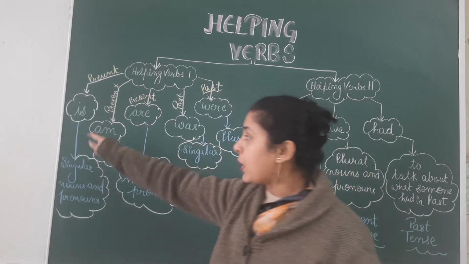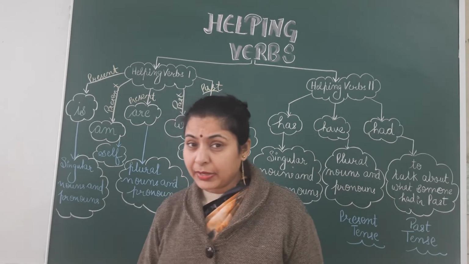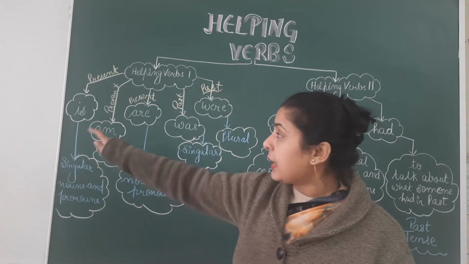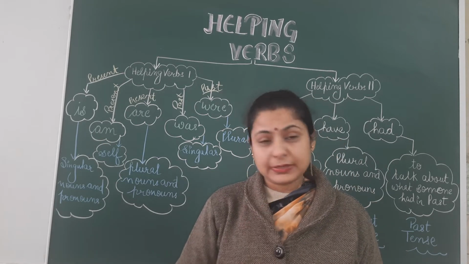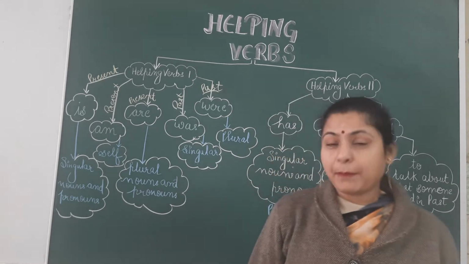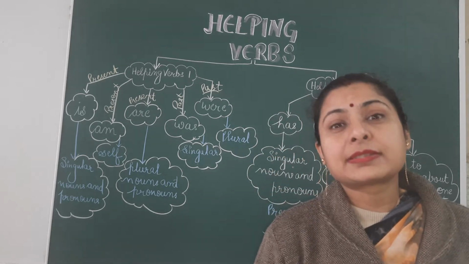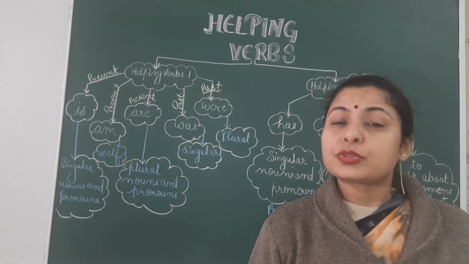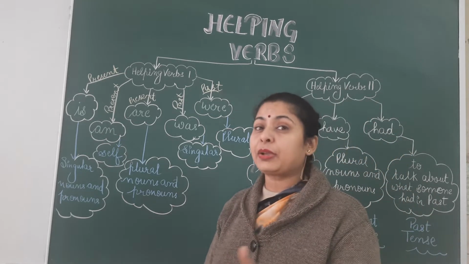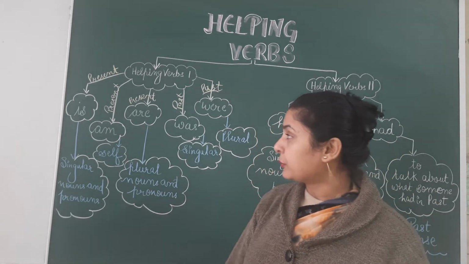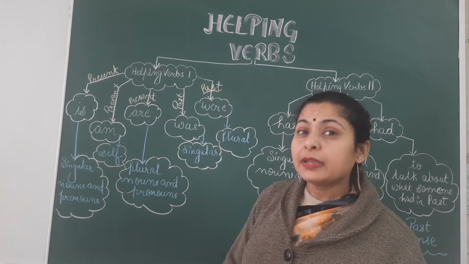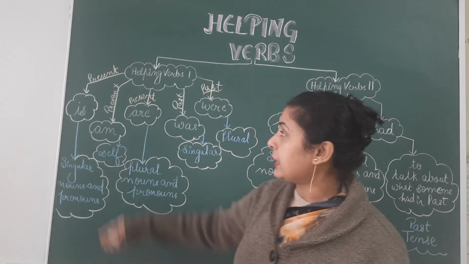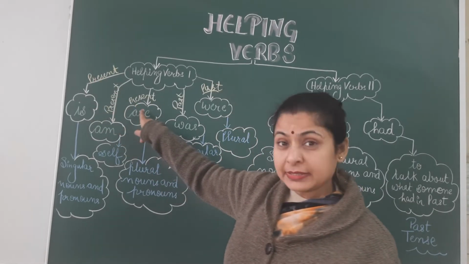Now number 1 is. Now where do we use is? As now till this time you have learnt simple present tense, simple past tense and simple future tense. So now we can categorize them according to the tenses also. Is, am and are. All these 3 helping verbs are used in present tenses.